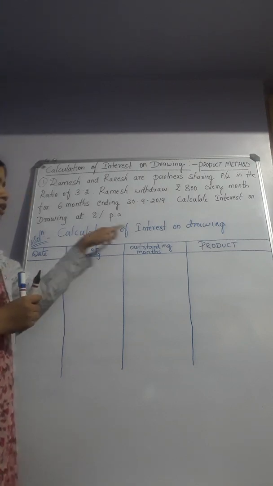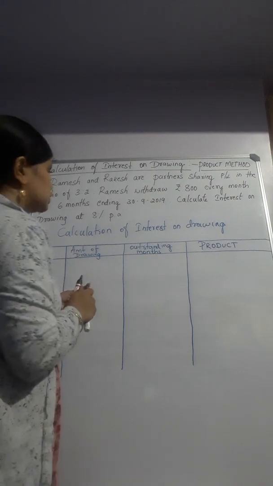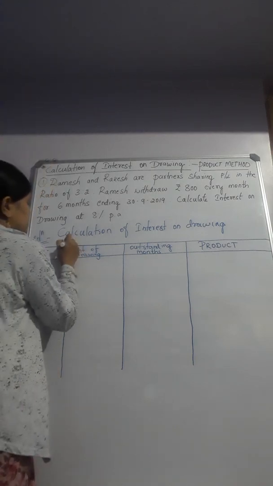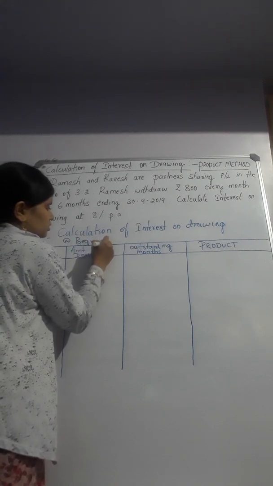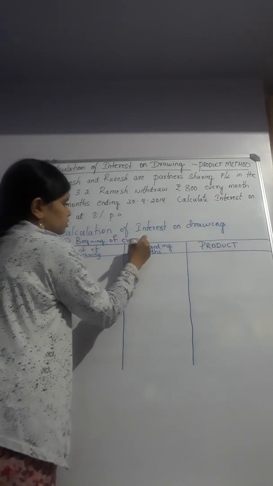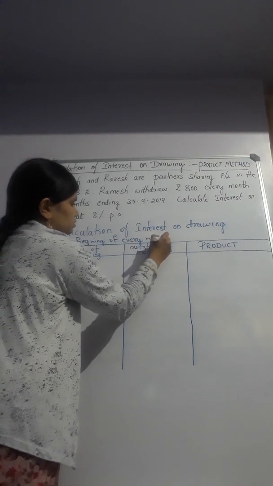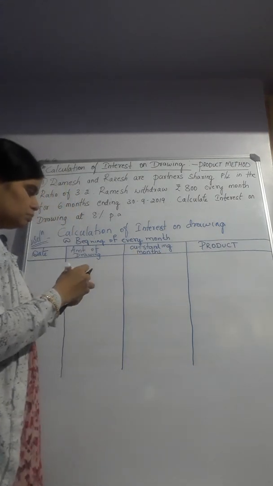In the calculation of interest on drawing, if nothing is given, it is assumed to be at the beginning of every month.